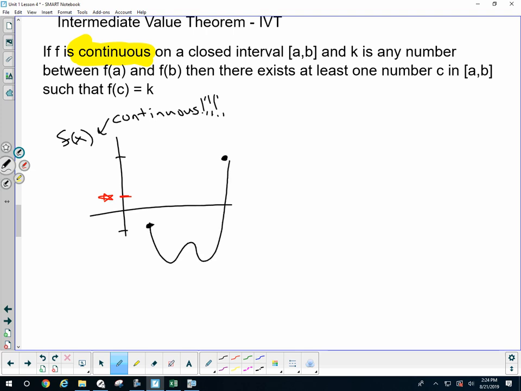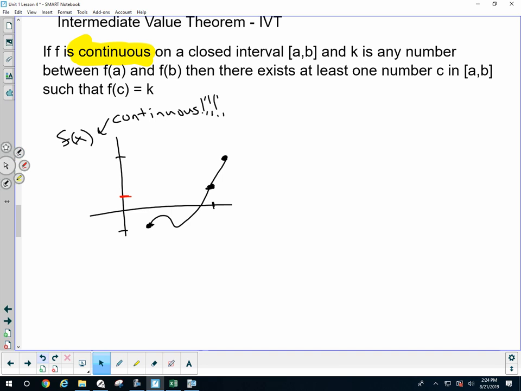Like that. Like this. Like that. Guaranteed to have an x value that produces this y value somewhere. Whether it was like this or like that, and then the x value is right here, okay?